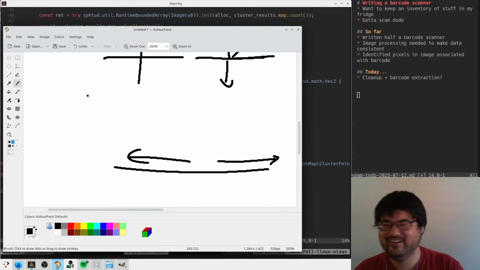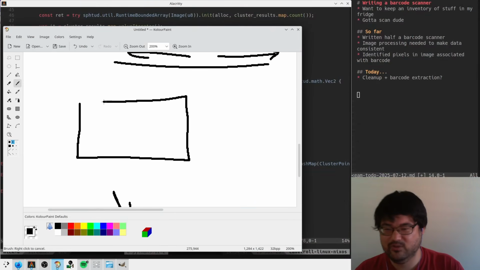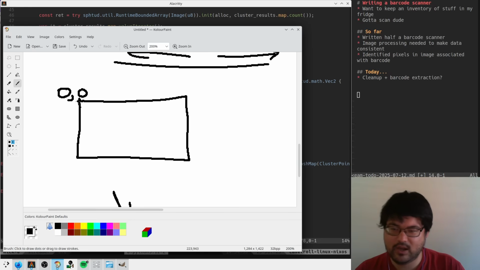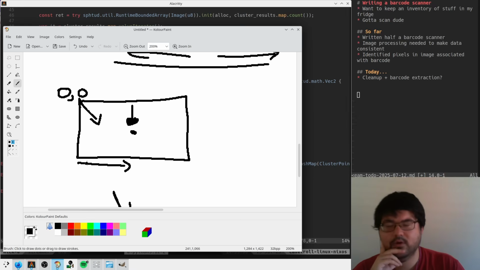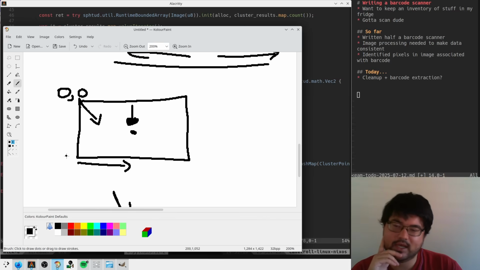Okay. So we have 0, 0 here. If we say our x is like this, coming out of 0, 0, and we have a point that is like here, he has some x and y values. How do we find his x position here? It's just that we have this now.